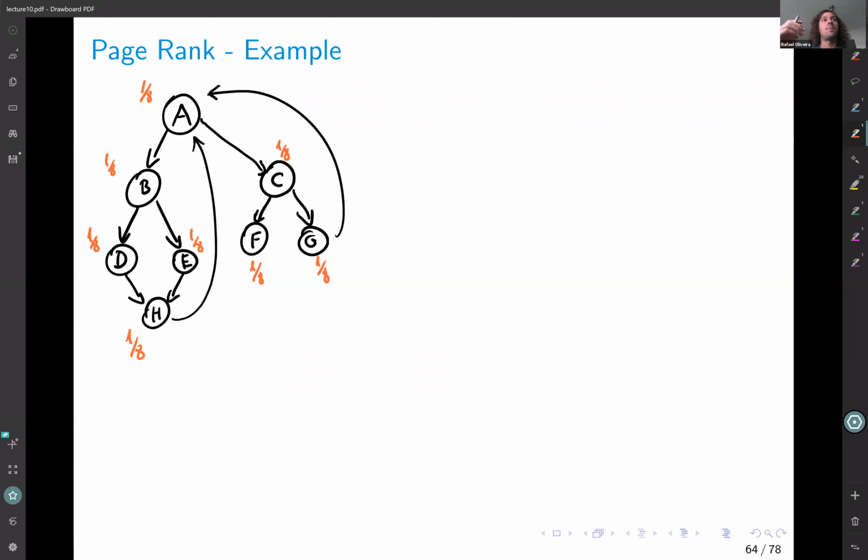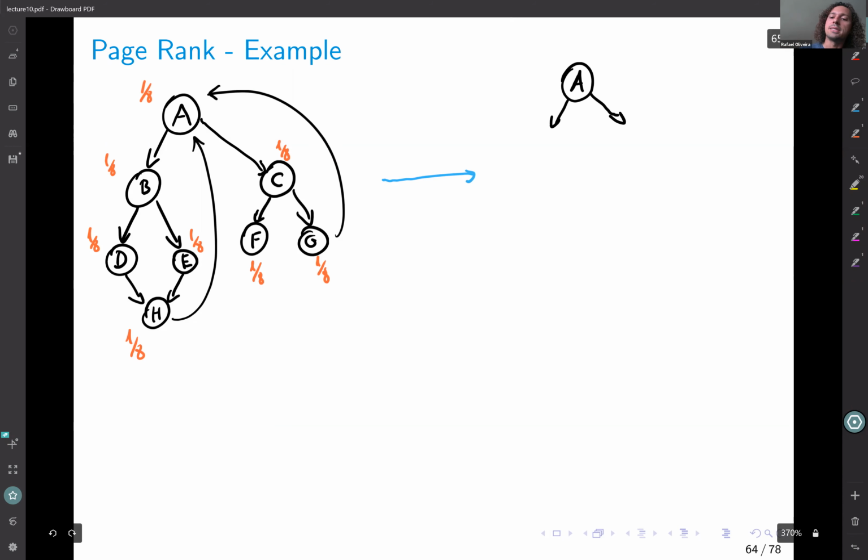Now what happens if I do one step of this algorithm? The first thing we need to do is A is going to divide its weight equally among its neighbors and send it to them.